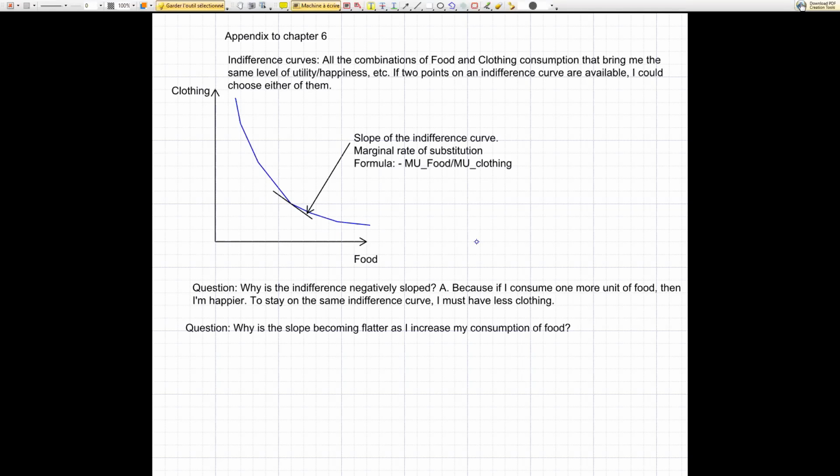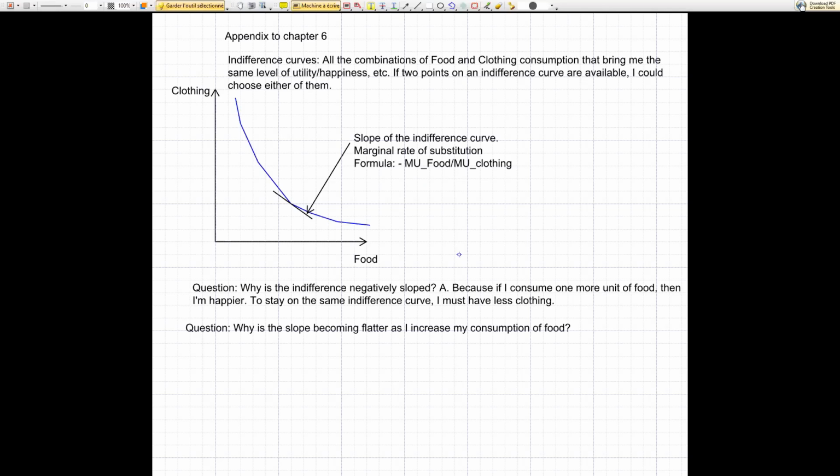Is it because marginal utility diminishes the more you use the product? Yes, but be a bit more specific. Don't use technical terms. Just tell me what happens in real life. Maybe at that point there's just so much food that you can't even consume it all. You have to throw some of it out.